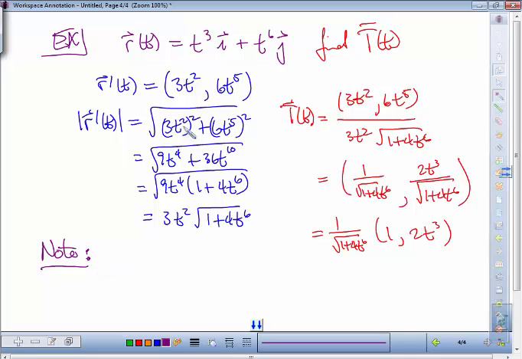Note that the magnitude is the speed. If you looked at accelerations and velocity back in Calc 1 and Calc 2, the velocity is only either positive or negative. It's a scalar, which means it's a number. The only difference is that if it's going up, it's positive, and if it's going down, it's negative. That's how we used to measure velocity functions.